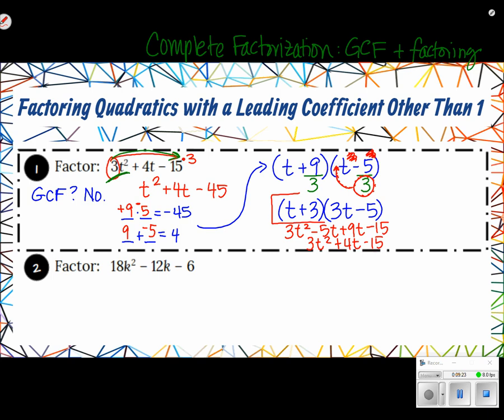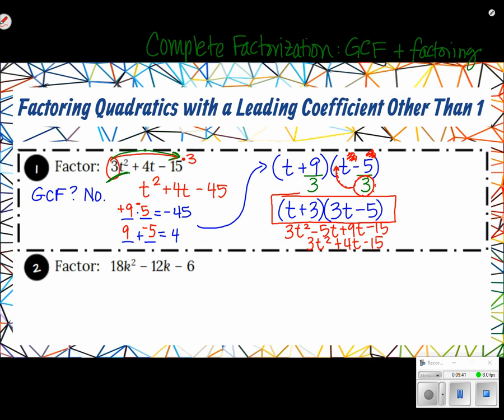Okay, so it's a process. It's got a lot of steps, and the more that you try to understand the process, you're just going to have to get used to the steps and when do you stop and all that kind of stuff. Okay, so there's our answer, t plus 3 and then 3t minus 5.